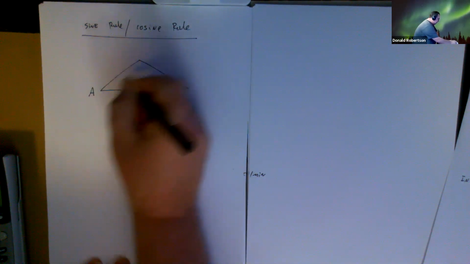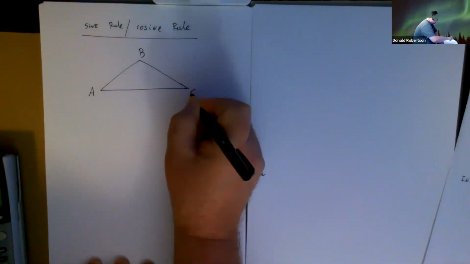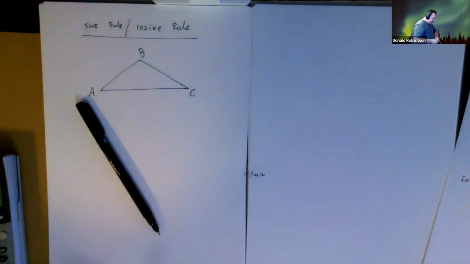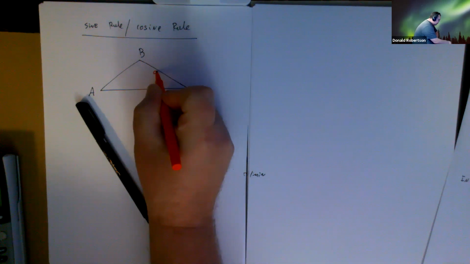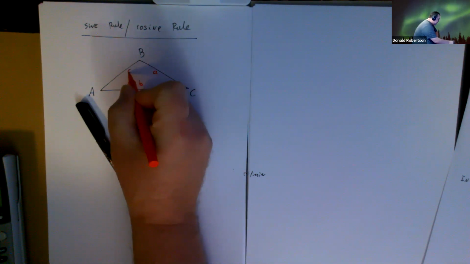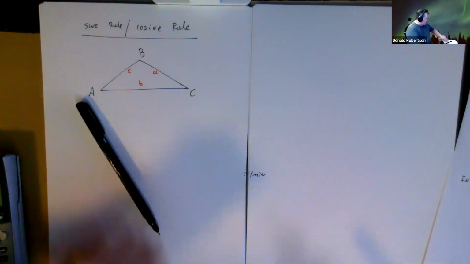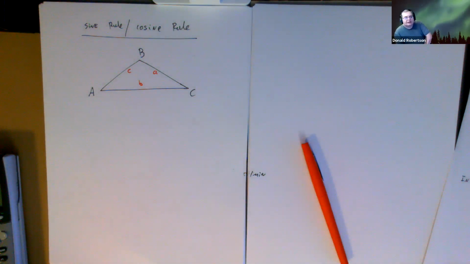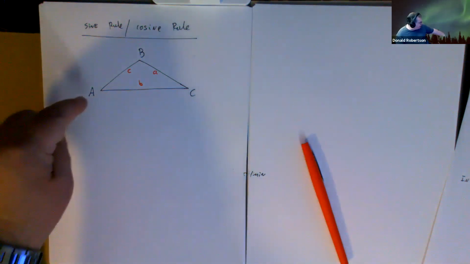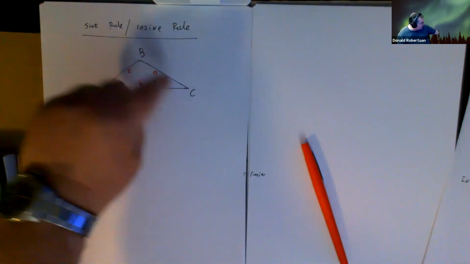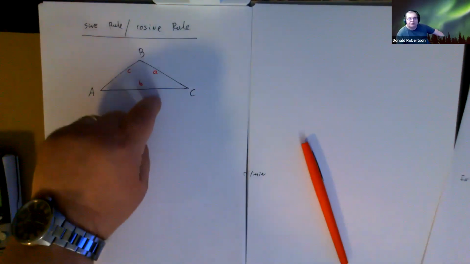Call this guy capital A, capital B, capital C. And then you name the sides little a, little b, little c. Are you comfortable about how to name a non-right angled triangle? The angles at the corners are capital letters, A, B, and C in this case. And the sides are little a, little b, and c. And little a is opposite A, little c is opposite C, and little b is opposite B.